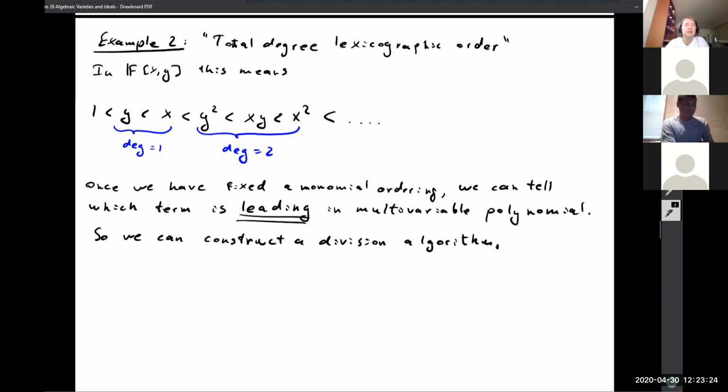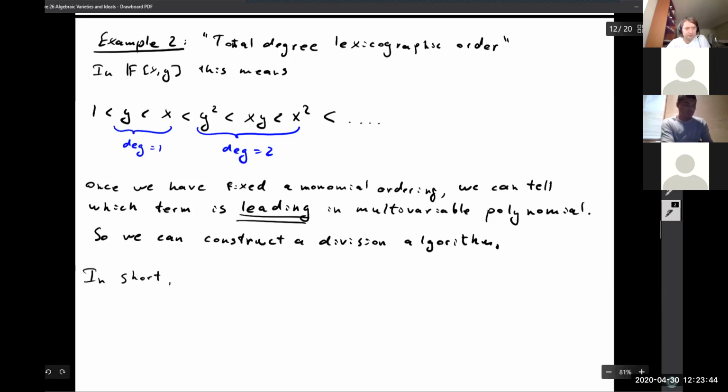So other than the monomial ordering, it's really identical to what you would do in the division of polynomials in the one variable case.